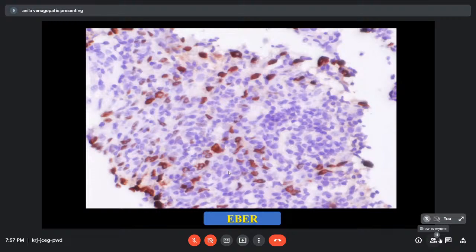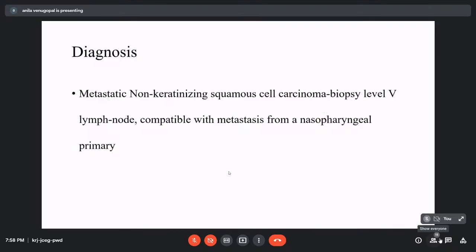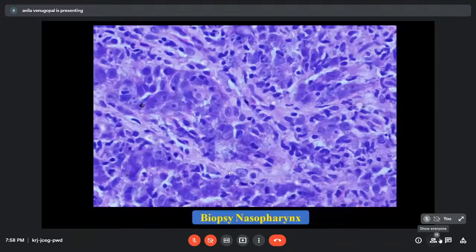This was not a difficult case because the morphology was very characteristic of a classical nasopharyngeal carcinoma, and the immunos and EBER also contributed to the diagnosis. We worded it as metastatic non-keratinizing squamous cell carcinoma, biopsy level 5 lymph node, compatible with nasopharyngeal primary. They again went in and did a biopsy from the nasopharynx, and this time they were lucky and we got the nasopharyngeal primary in this biopsy.